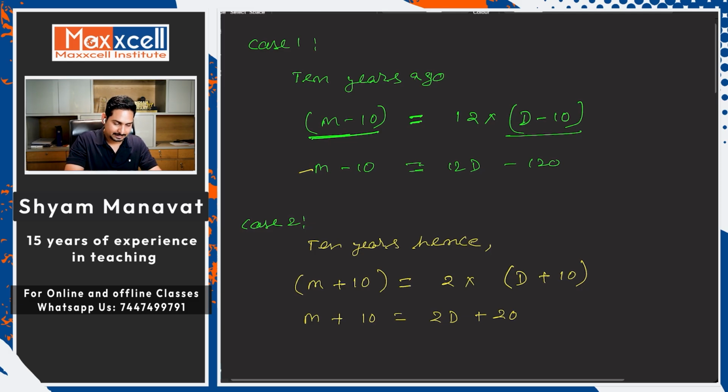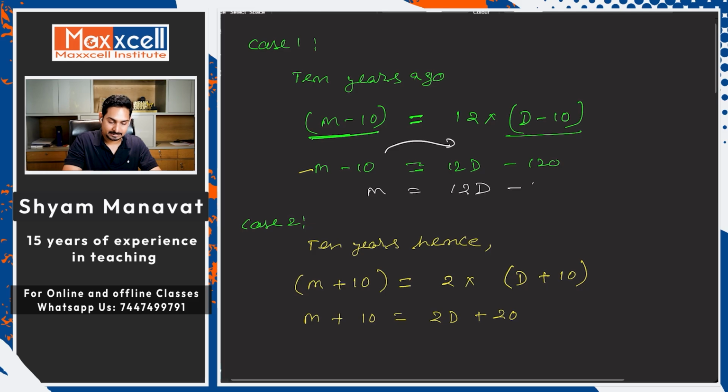So I can say here M is equal to 12D. ये 10 को उधर लेके जाते हैं. So minus 120 plus 10 will become what? फिर से लिखता हूँ.